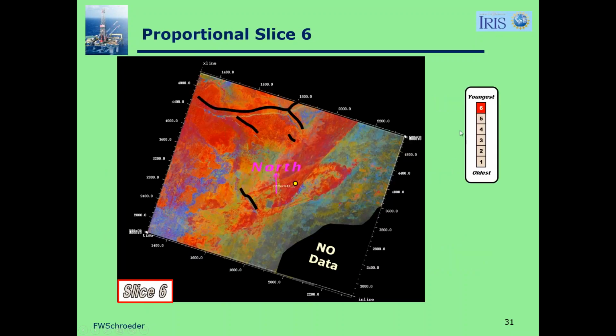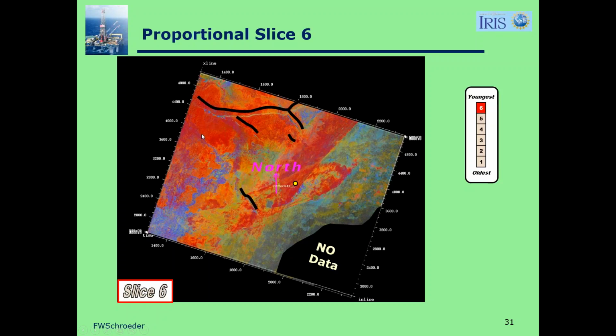Now, this is the shallowest, the youngest of these 6 slices that I've made, and the colors here are the magnitudes, and the blacks here are faults that cut into that. The yellow is where we propose to drill. And so you can see that this is fairly uniform and kind of moderate to low amplitude. This is more continuous. The color variation is less.